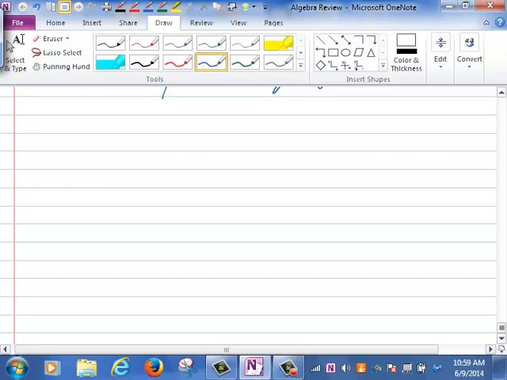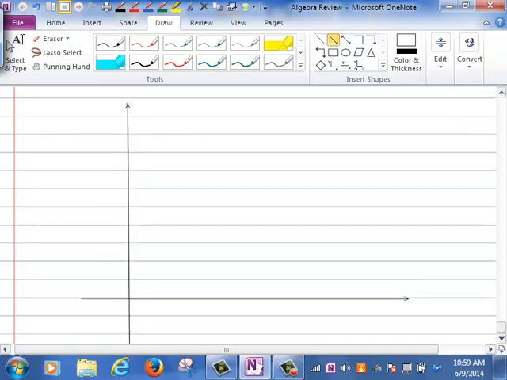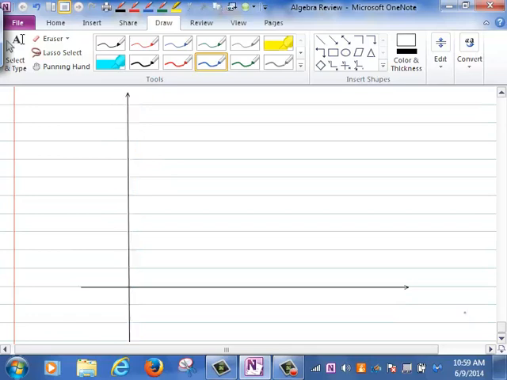So another application of the derivative is what? Think about the following. Suppose that this is my x-axis and I have my y-axis, and let's say I have the function f whose graph looks like the following.